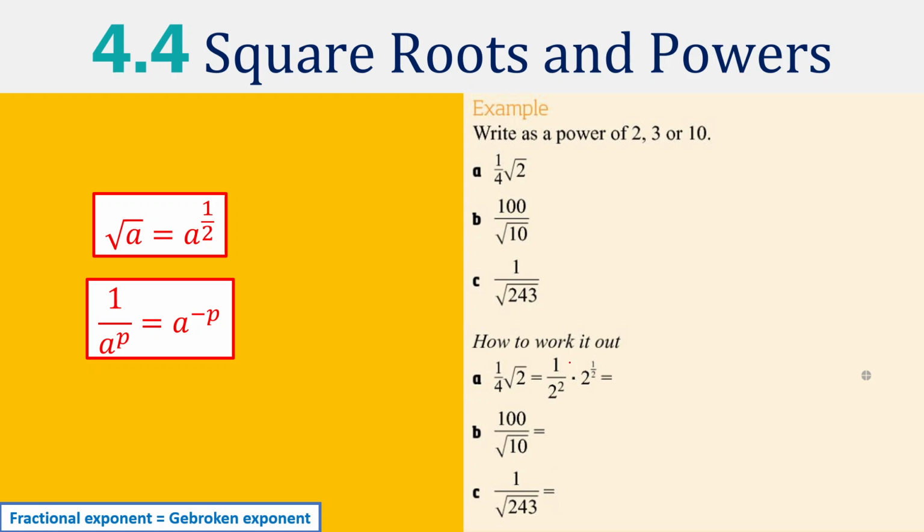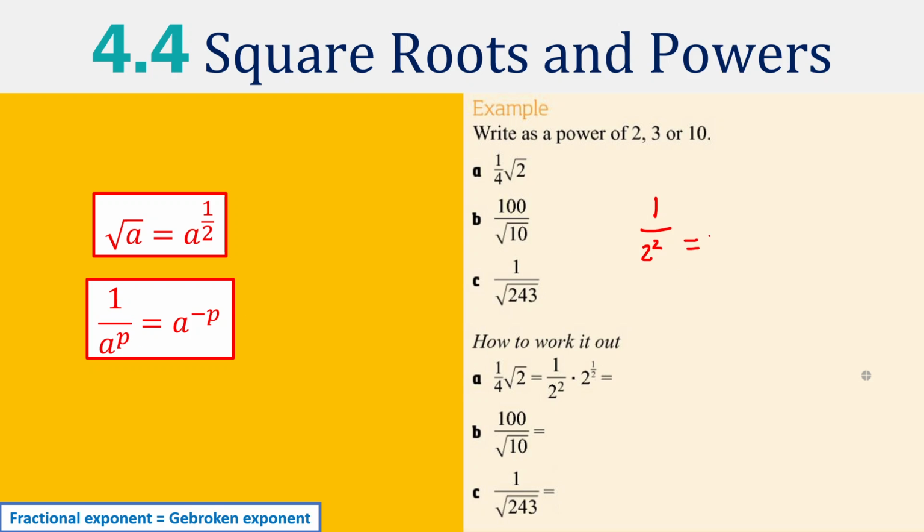By rewriting it like this first, I can then use this rule to convert it to a regular 2 to the power of something. Just watch in a moment. Here, root 2 becomes 2 to the power of a half, right? They use this rule here. Now, this 1 divided by 2 to the power of 2 looks a lot like this.